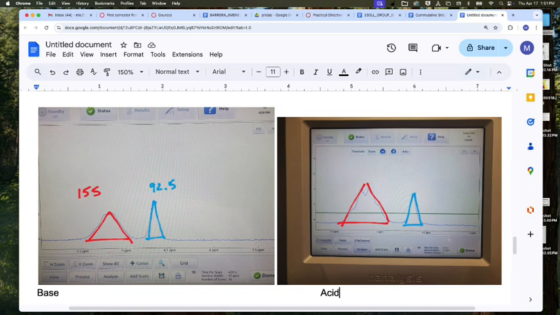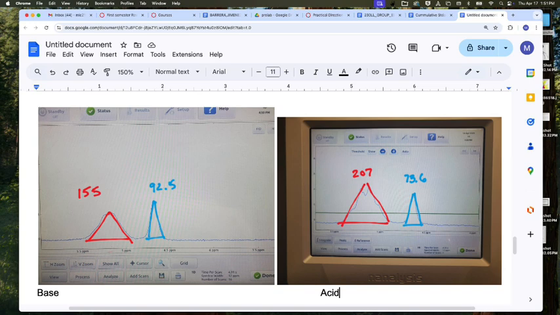Don't stress. You're not the one that used the ruler backwards. Next one, 207. Last one, 73.62.